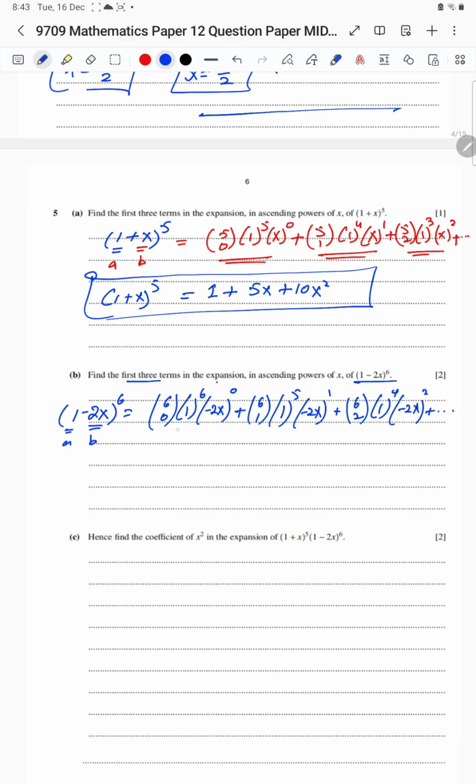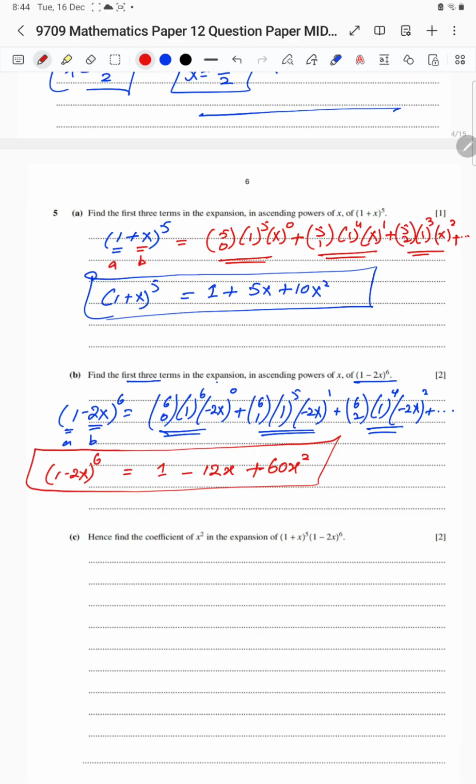So these first 1, 2 and 3 terms are enough for what is going to be asked. So I stopped here. So (1 minus 2x) power 6 will be 1 minus 12x, and with the calculator we can simplify, plus 60x squared. This is the first three term expansion of this case.